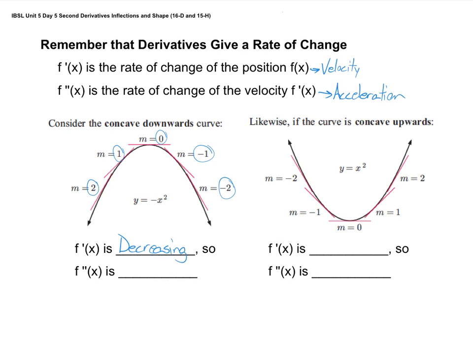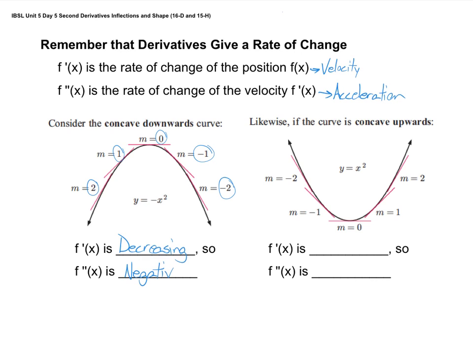Therefore, our second derivative must be, let's think about this. If our velocity is decreasing, our acceleration must be negative. Our acceleration must be negative.